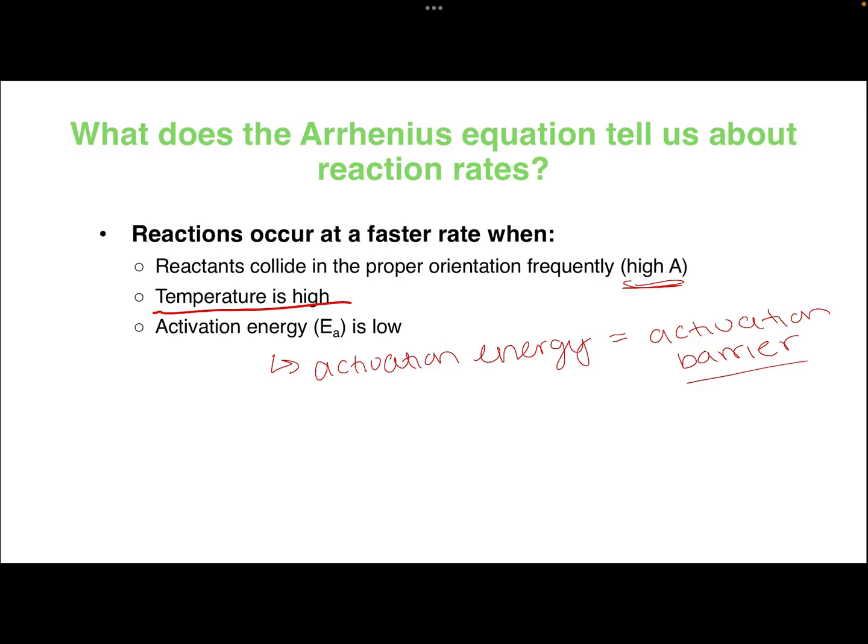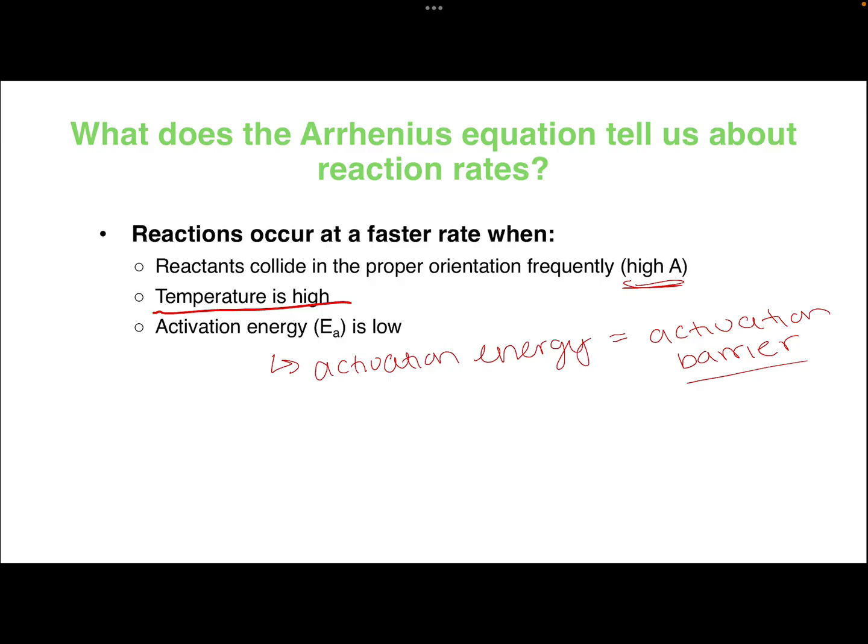So you can imagine that if you have a low activation energy, it's going to be a lot easier to just hop over it and have your reaction occur. More molecules will be able to react if the activation energy is low. That's why when your activation energy is low, typically the reactions are faster.